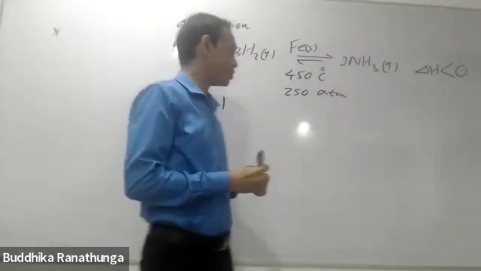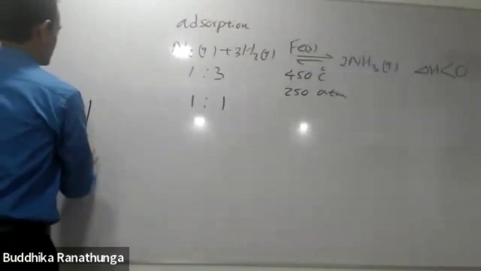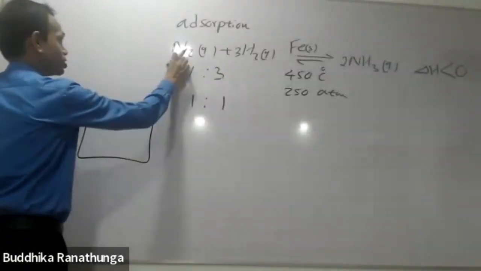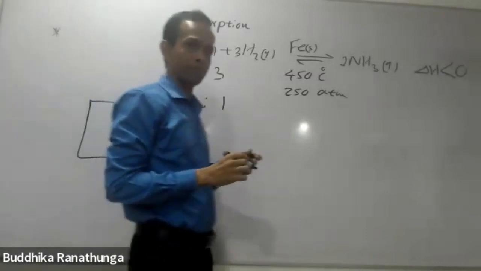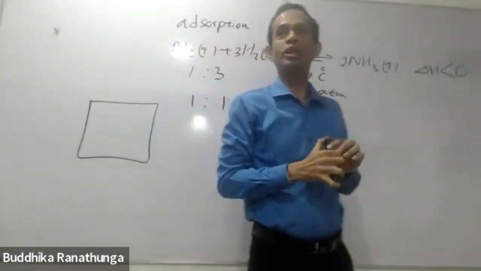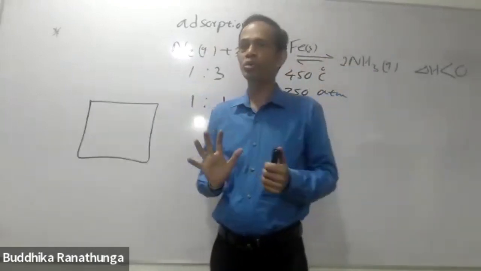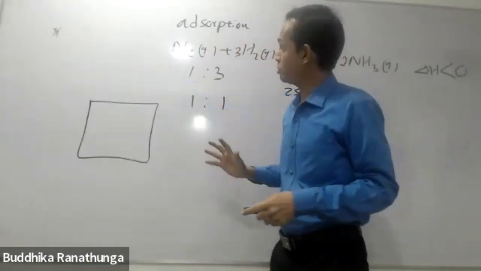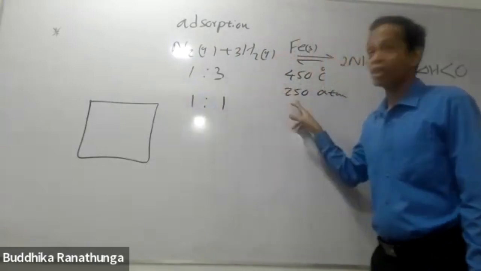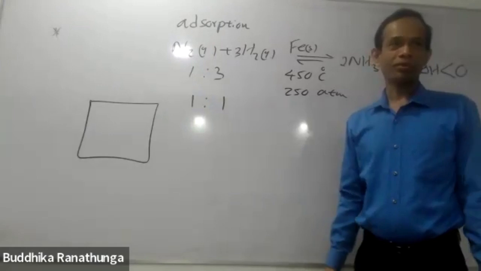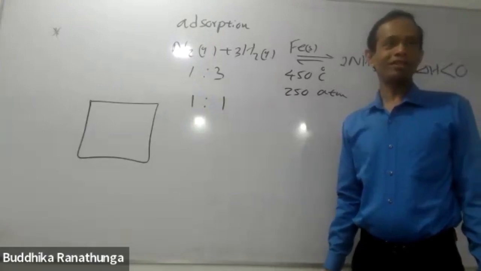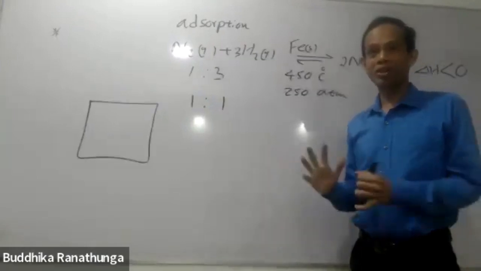Now you have these three, nitrogen, hydrogen, and ammonia, as a mixture. Then you are going to compress. But it is already compressed to 250 times atmospheric pressure, so there is no need to compress again.